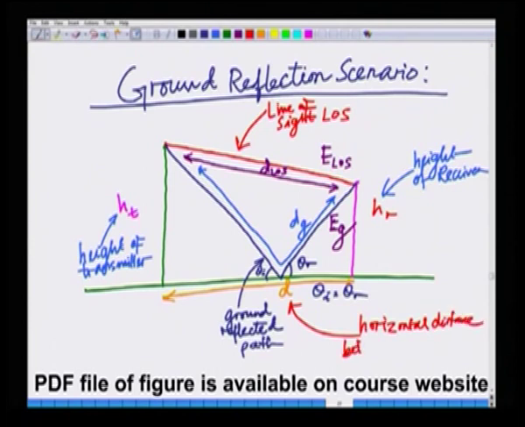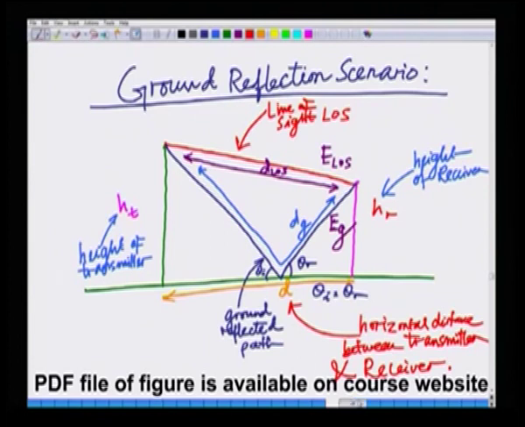So, this is the horizontal distance between the transmitter and the receiver.